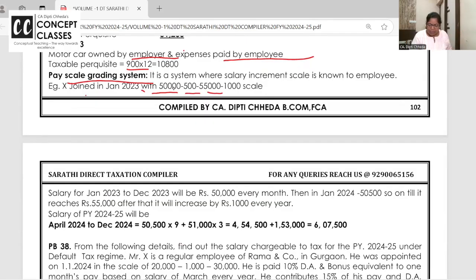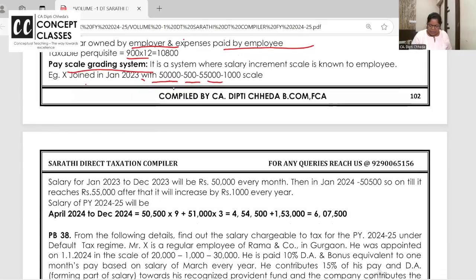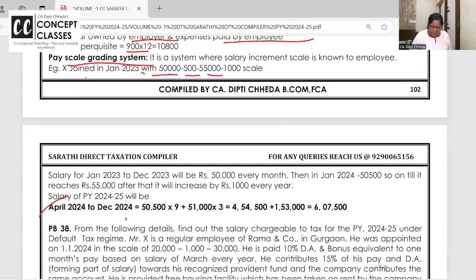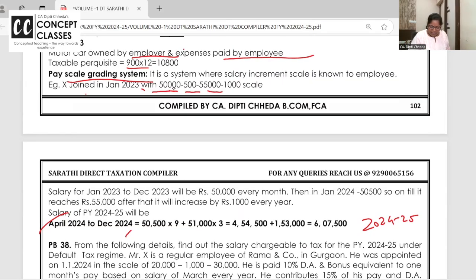It will be 50,500. So suppose we want the salary of April 2024 to 25. So January 24 to December 24, 50,500. Now 2025, it will be 50,000 into 3. Is this clear to all of you?